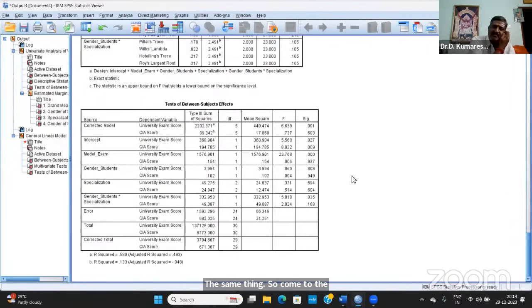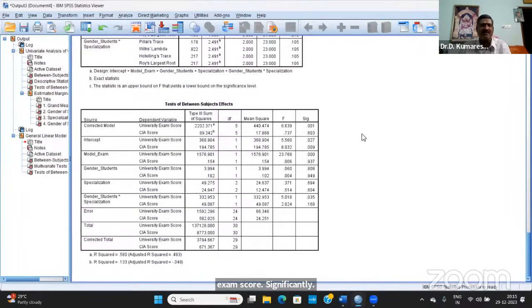Only the result is displayed. Corrected model, intercept for university exam score. P-value is, intercept p-value, model exam, 0.000 for university exam. So the model exam score has influenced the university exam score significantly. Okay.